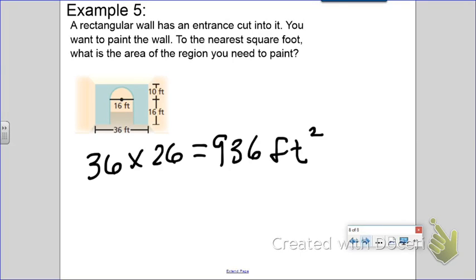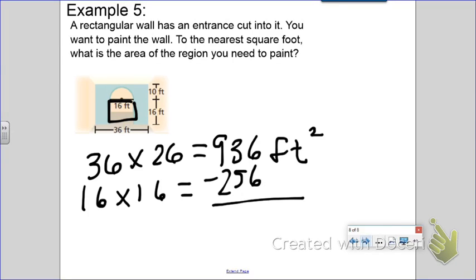Now I need to subtract out the square here, which is 16 by 16. So if I multiply 16 by 16, we get 256. So I'll subtract out 256. 936 minus 256 will equal 680 square feet so far.